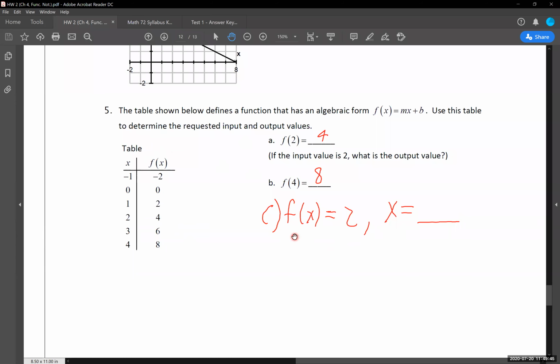So again, f of x, the same as saying y. So f of x is equal to 2. Our output value is 2, so I'm going to my output column, where f of x is, and I'm finding 2. What is its corresponding input value, or what's its corresponding x value? It's going to be 1. So if f of x is 2, then my x value has to be 1.